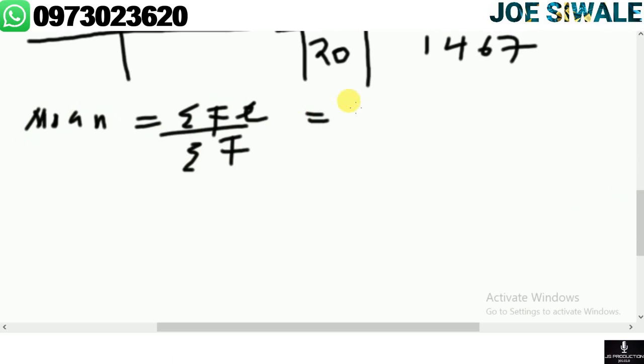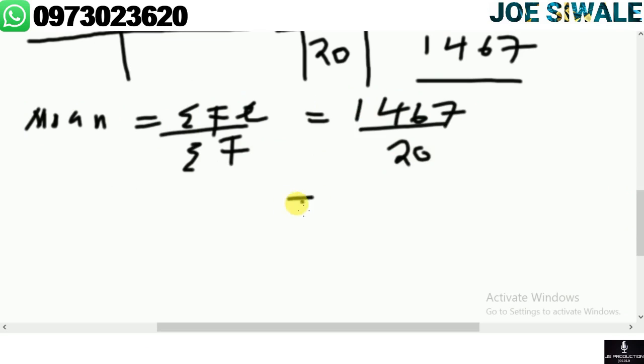So the summation of f of x is 1467, divided by the summation of f, which is 20. So 1467 divided by 20 is 73.35. So that's the mean.